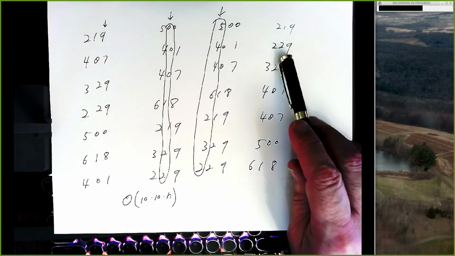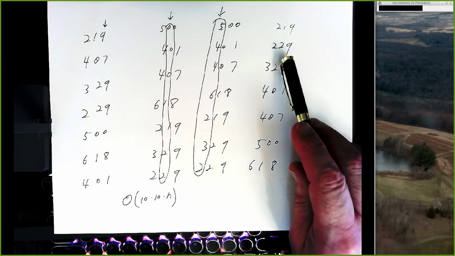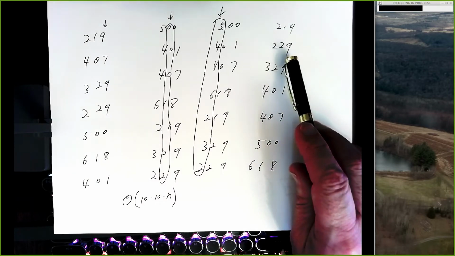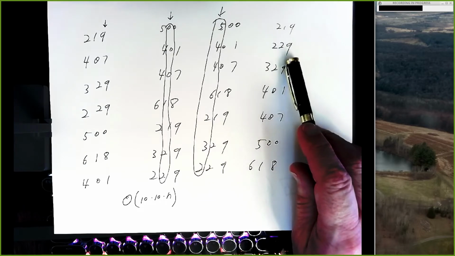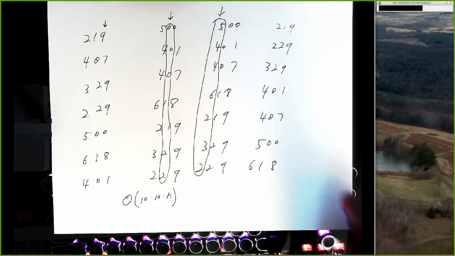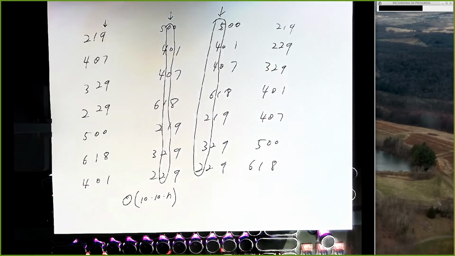Wouldn't you have to multiply it by an order of magnitude for the greatest digits, maybe? Tell me what you mean by that. What if, in this instance, the greatest number in your data set had, I don't know, 2 digits, right? Mm-hmm. You could potentially have 10 to the 1, 10 to the n.